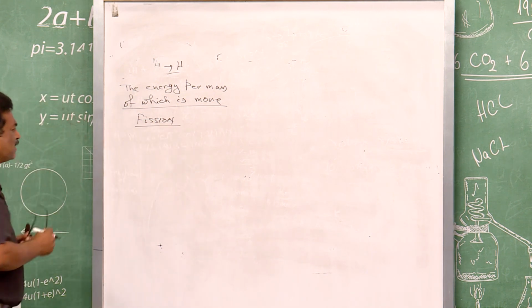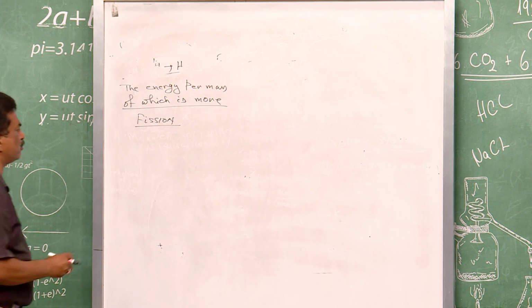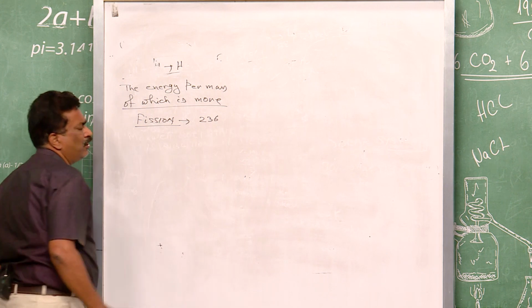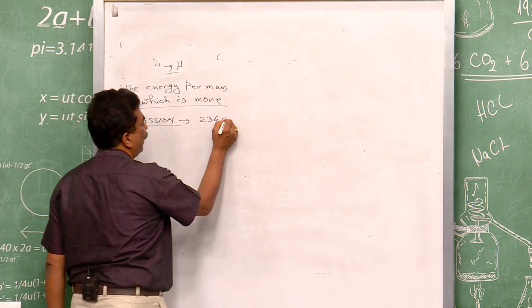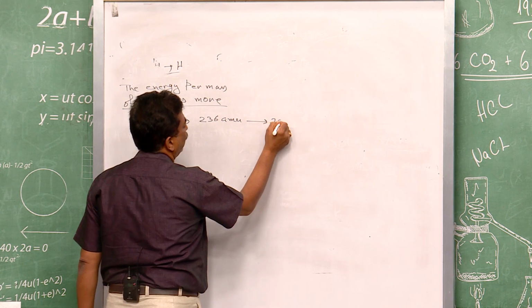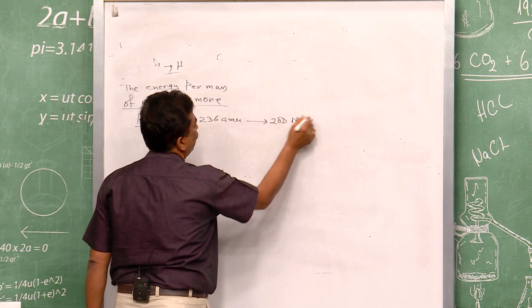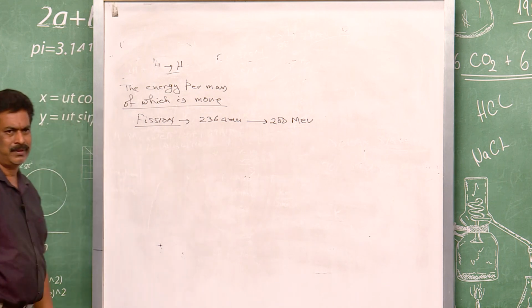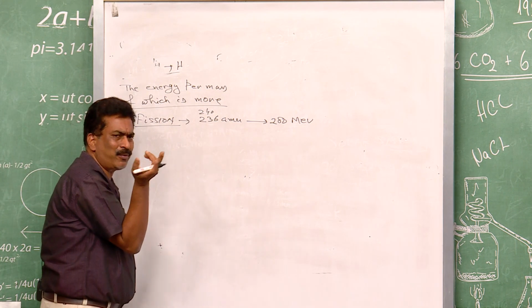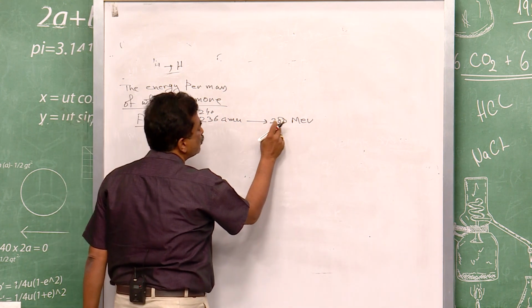In the last class we discussed fission, and today also we came to know. In fission, what happens? For 236 AMU, how much energy is released? 200 MeV approximately, because we have taken 240 divided into 120 plus 120, and this 200 comes.